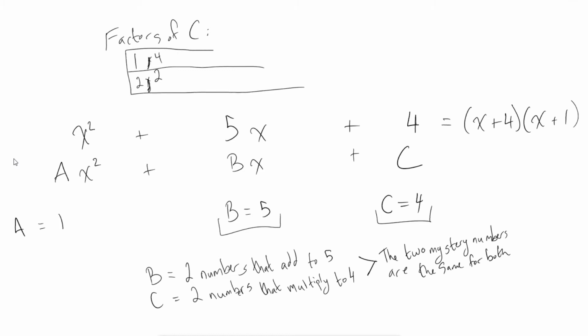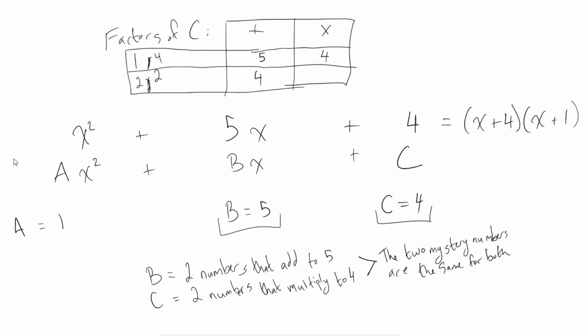And I want to see when they are added together, what do I get? And when they are multiplied together, what do I get? When 1 and 4 are added together, I get 5. When they are multiplied together, we already know they get 4. When 2 and 2 are added together, I get 4, and when multiplied, I get 4. We already knew that because they are factors of 4.